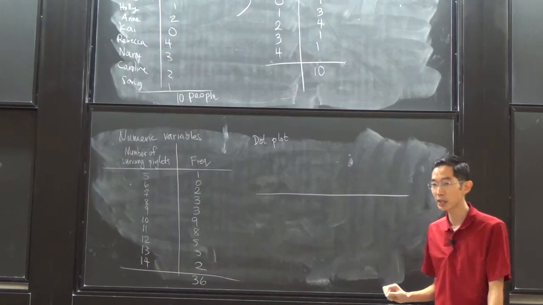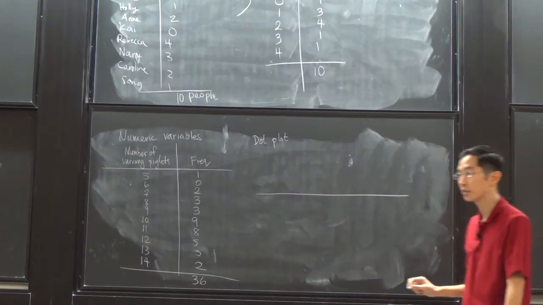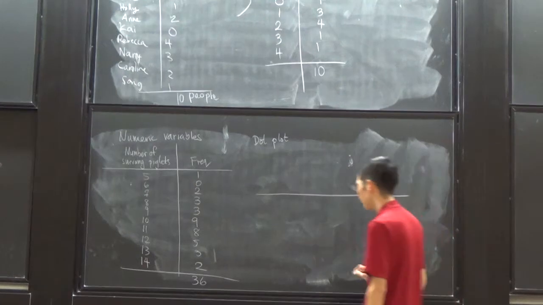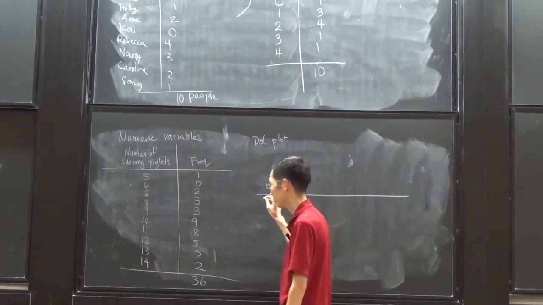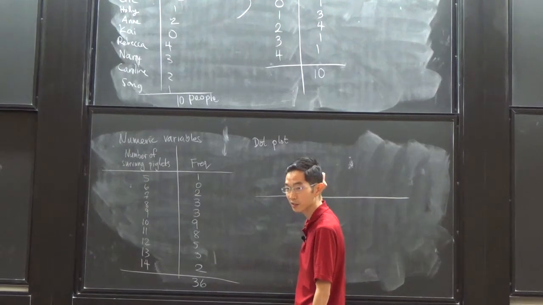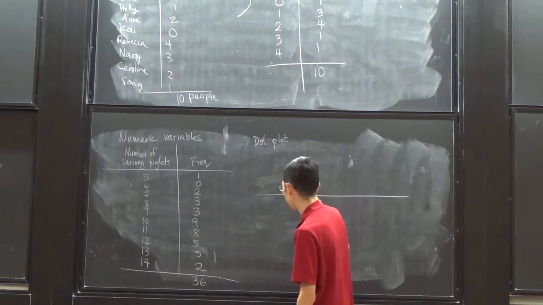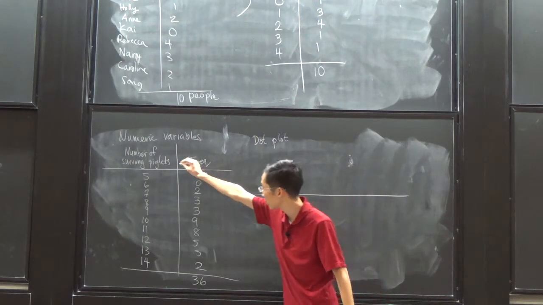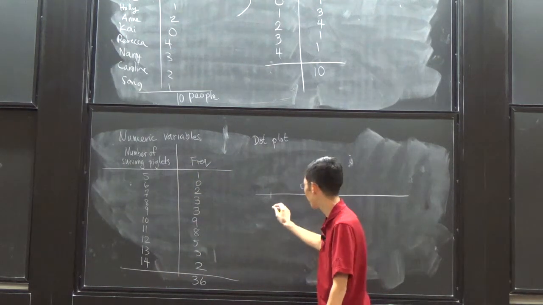With a dot plot, I put a dot for every cell. So how many dots would show up in my dot plot? 36. And the horizontal axis is going to be the number of piglets surviving.